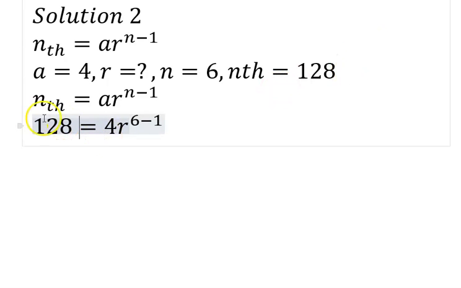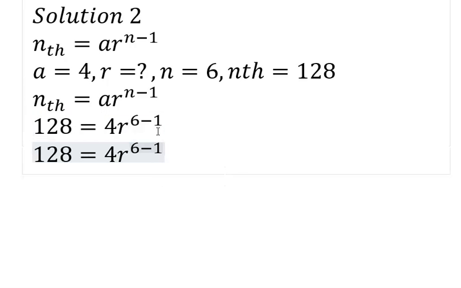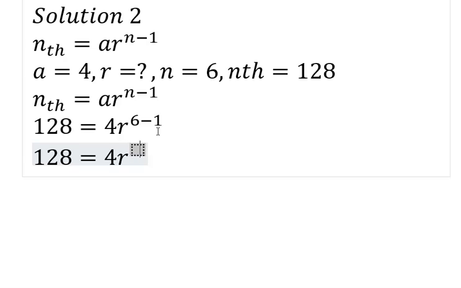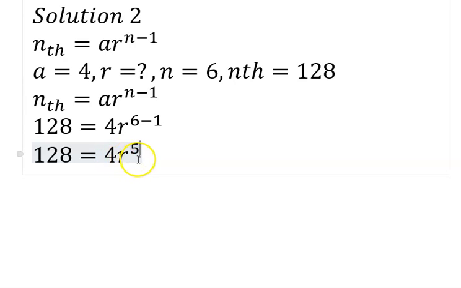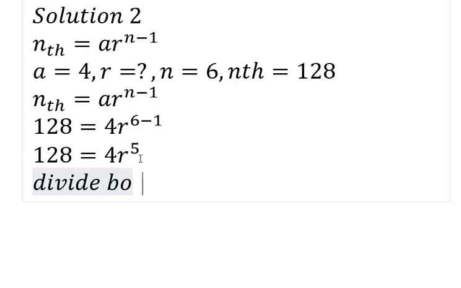Now with this, 6 minus 1 will give us what? So this power will be 5. Beautiful. So first thing first, let's remove this 4 beside our r to the power 5. So we'll divide both sides by 4. That's the first thing we're going to do. Let's divide both sides by 4.